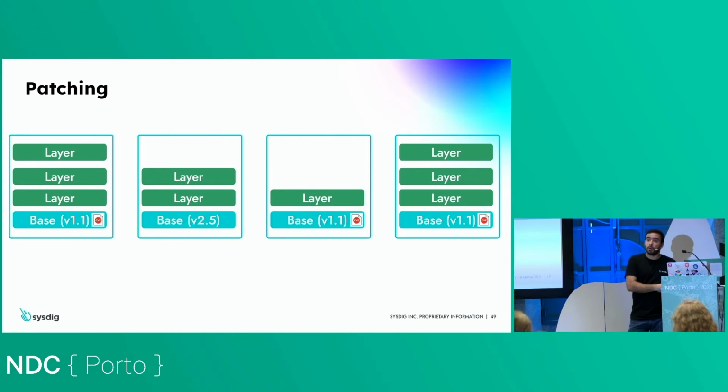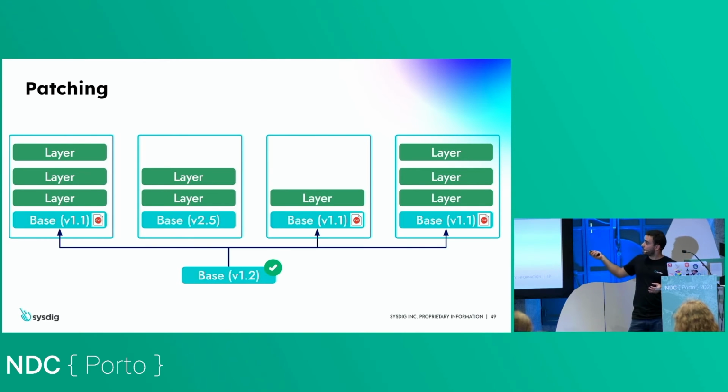However, if you go with a minimal one and then start adding layers with each package that you need, by the time you figure out this library actually has a vulnerability, you can pinpoint where it is within your environment. Oh, it's just in the base image, or no, it's just in this layer. Then you can apply a patch and a fix just for that specific layer. It doesn't need to apply to the other layers. In this case, the layer is the base, which is actually going to regenerate everything. But in some cases, it's going to be the latest layer, which is going to speed things up.